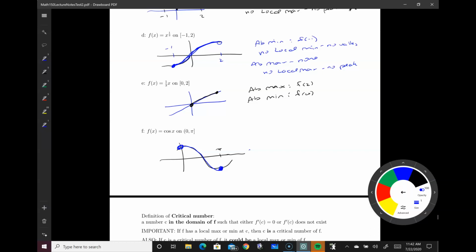There is no absolute maximum, because this is an open hole. There is no local max because there are no peaks. There is an absolute minimum happening at f of pi. It's at -1, and there's no local minimum because there's no valley.